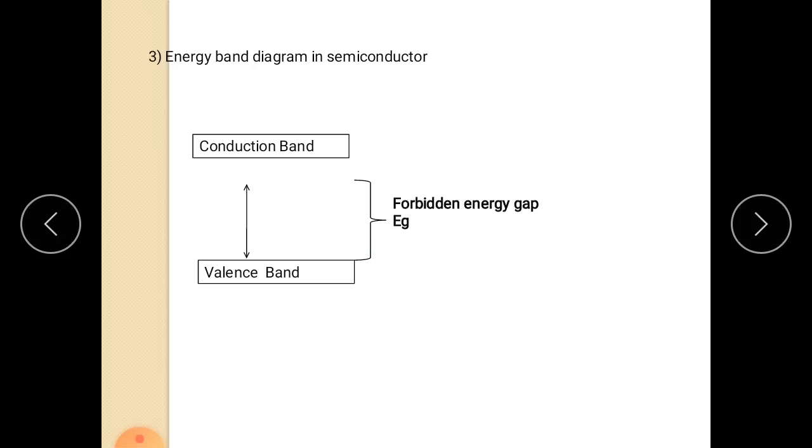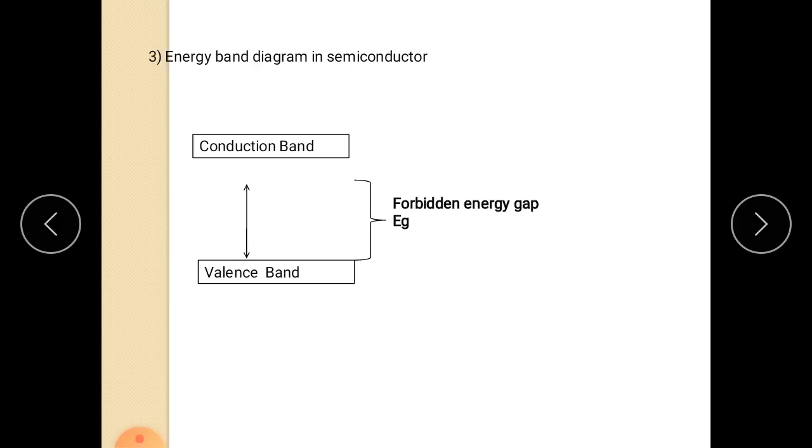So in case of a semiconductor, the energy band diagram contains a partially filled conduction band and a partially filled valence band. This is the energy band diagram in semiconductors.